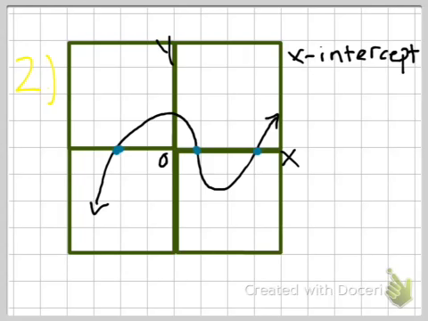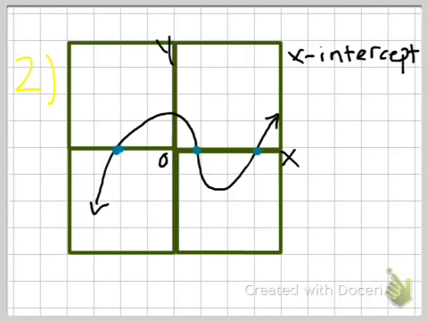The x-intercept is the x-coordinate of the point where the graph of an equation intersects the x-axis. As shown in the picture, this is what an x-intercept looks like.